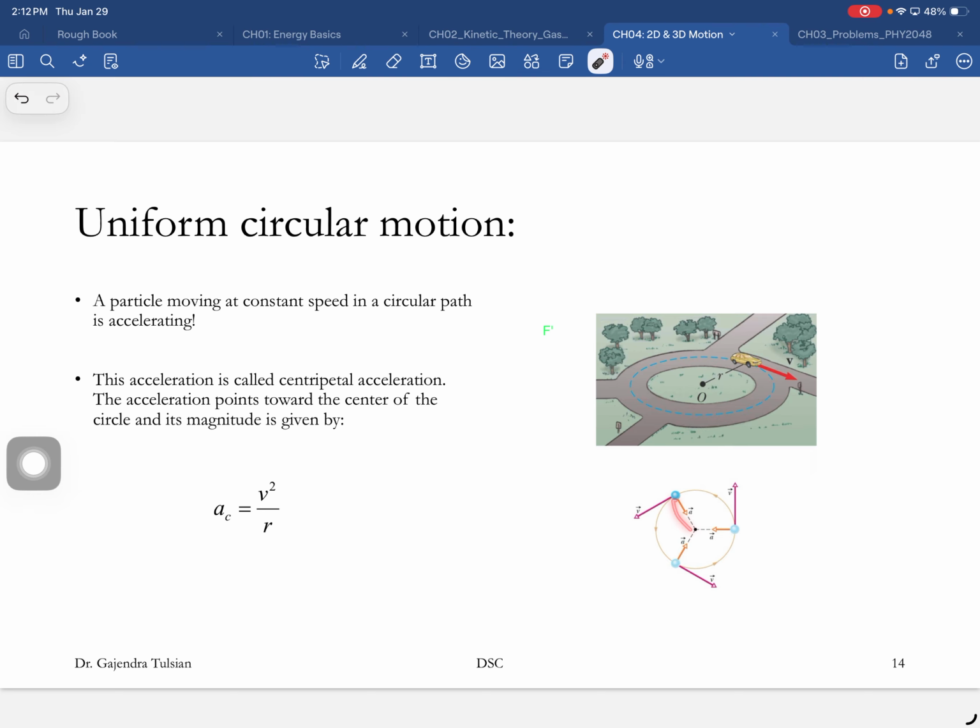So the velocity is negative v naught sine theta i, and the y component of the velocity is plus v naught cosine theta j. Now, we'll look at this triangle, and the time derivative of this is Vx.